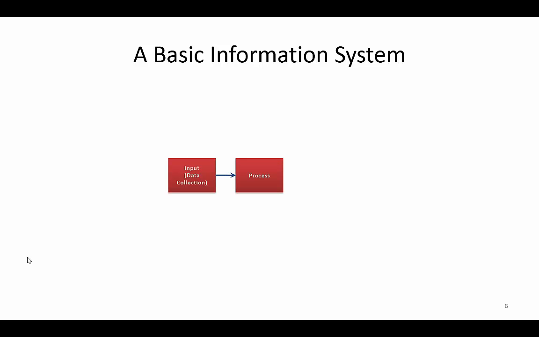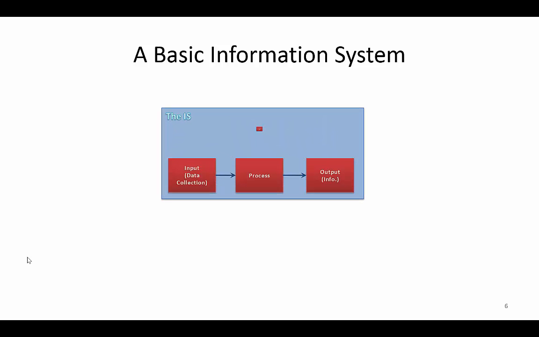So once we've got that data that we've collected, we can start processing it, doing something with it, and then we have to have an output, some kind of an output that we use for the data that has been processed. Now, most information systems don't run in a vacuum, so we need to be able to store the data. So here are the basic components of any information system. We've got input, process, output, and storage.